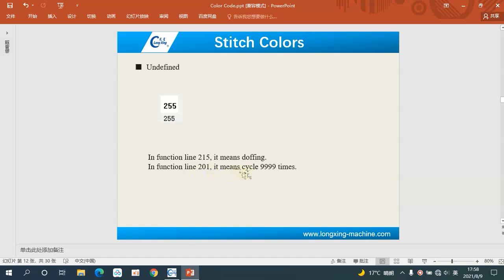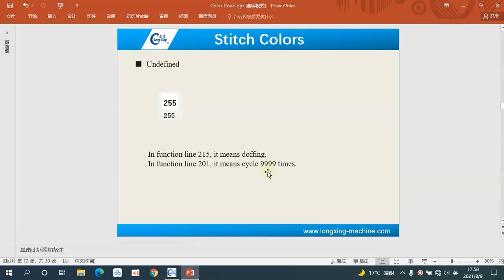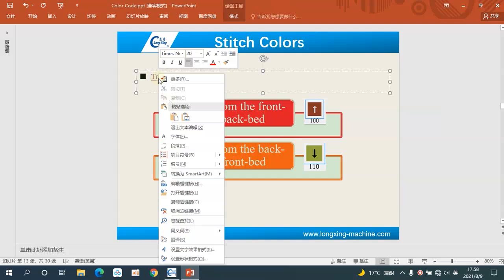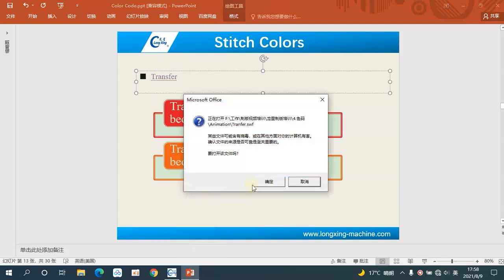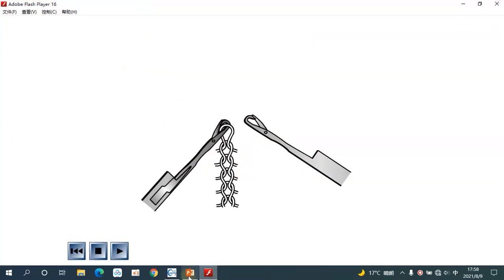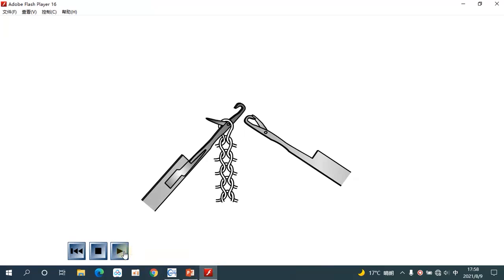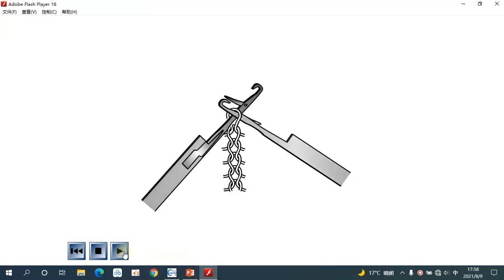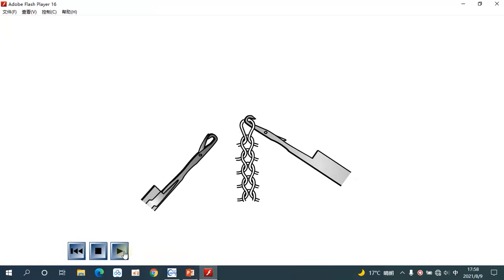Transfer. Transfer from the front bed to the back bed or transfer from the back bed to the front bed. See the animation. The old loop returns to the spring plate. The loop is received by the back bed needle and separated from the front bed.